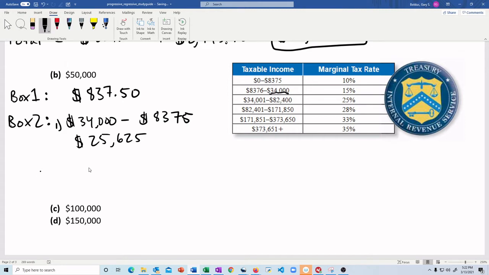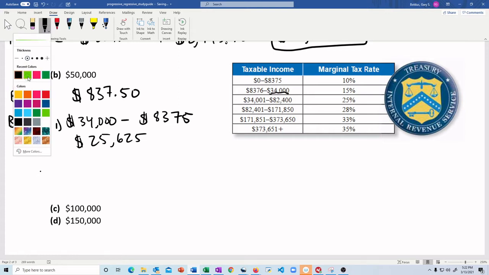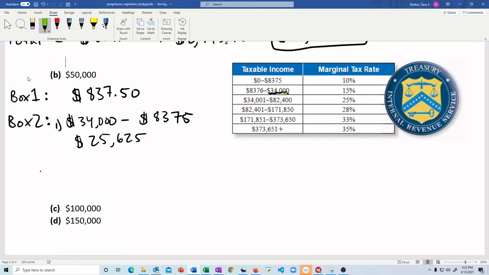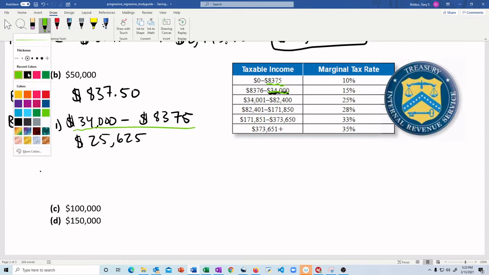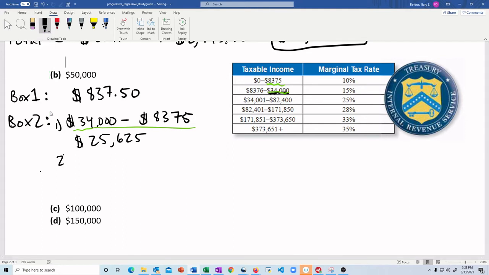Okay. So we'll color code this a little bit. That goes here. All right, so then what do we do? Our little step 2 is take that money that you're putting into box 2, okay, and apply the tax. How much does that give me?